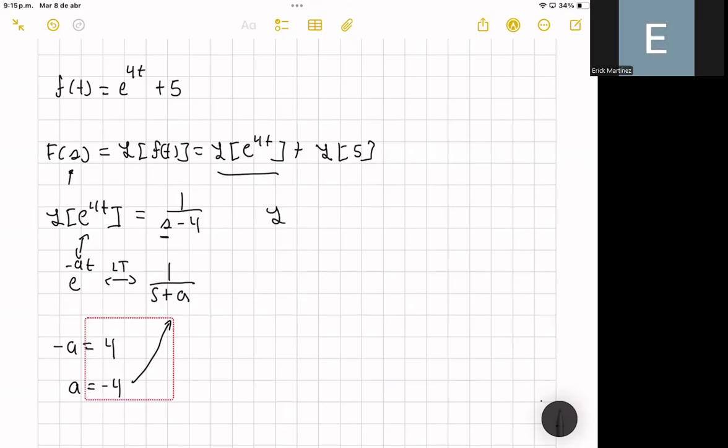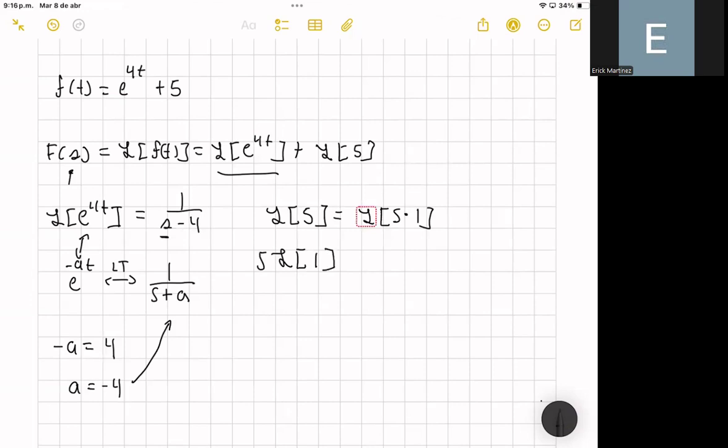And again, we can apply the Laplace transform to the second term. Here, what I recommend is that you always factor these numbers as follows. We can express this as 5 times 1. So from the Laplace transform I can take out the constant, in this case the number 5.